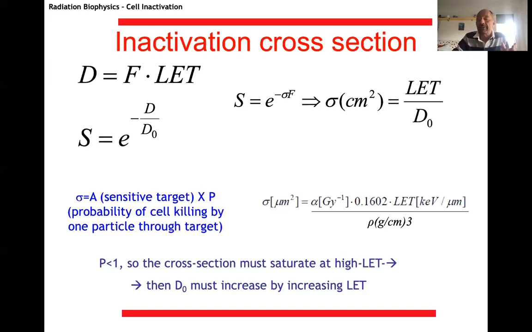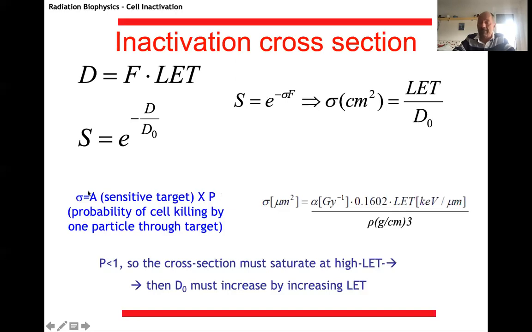At this point, what happens? The probability reaches the maximum value. This is the maximum probability, and the probability, generally speaking, cannot be higher than 1. Of course, you cannot have a probability higher than 1. So at this point the cross-section can only saturate, because the cross-section is a product of an area times a probability.